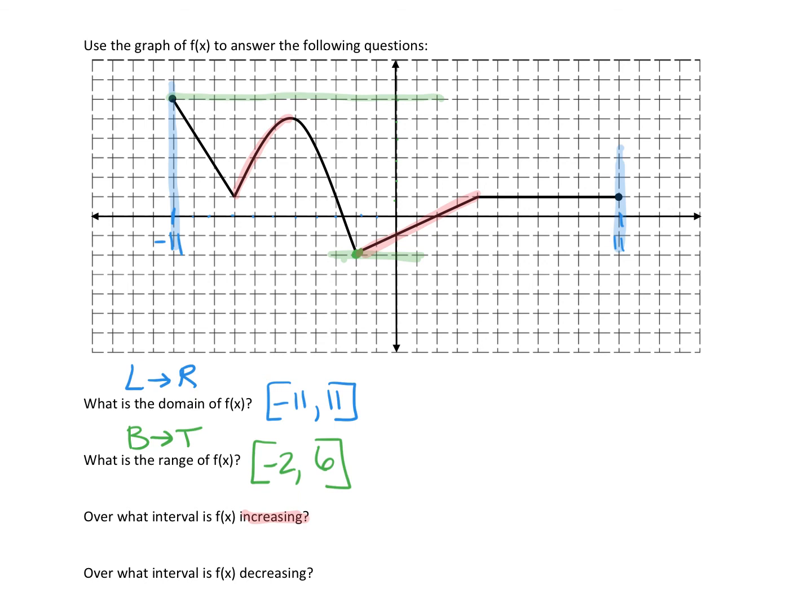And we're going to use the x values. So it's going to increase from -8 to -5.5. And then remember we use our union because it's also going to increase from -2 to 4.